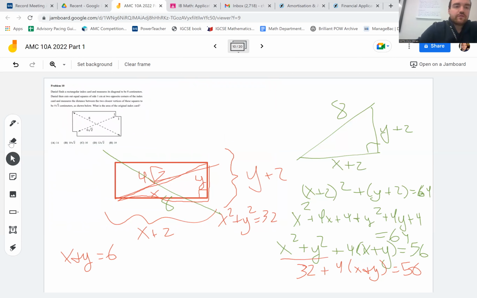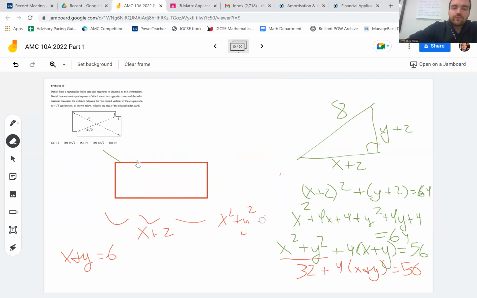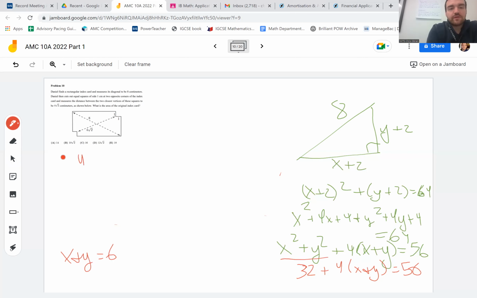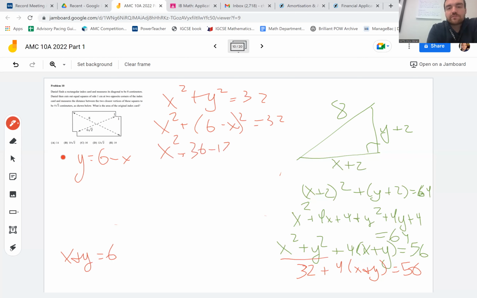Now I can say that Y equals 6 minus X. Going back to X squared plus Y squared equals 32, I can substitute and say X squared plus 6 minus X squared equals 36 minus 12X plus X squared equals 32, which I can simplify to 2X squared minus 12X plus 4 equals 0, or X squared minus 6X plus 2 equals 0.